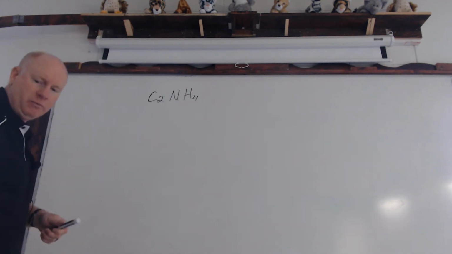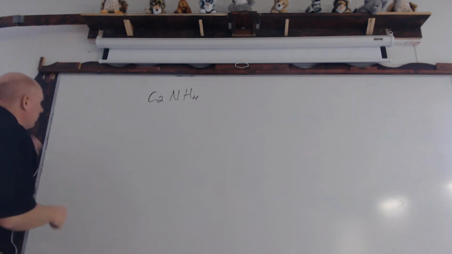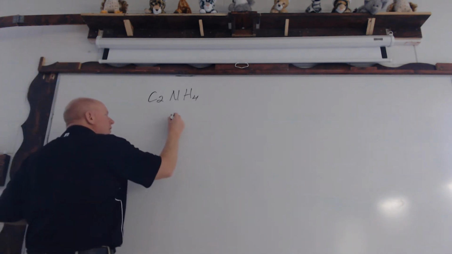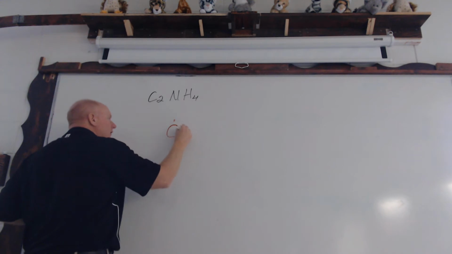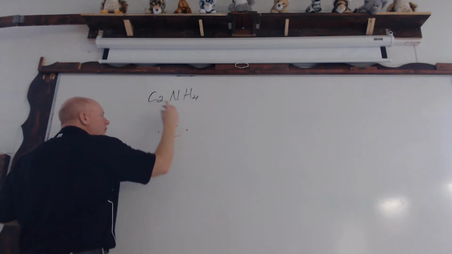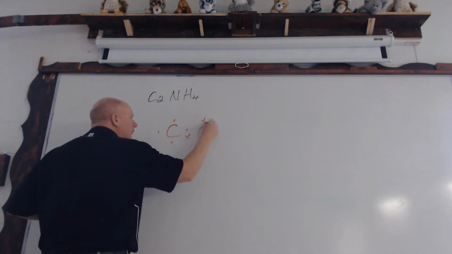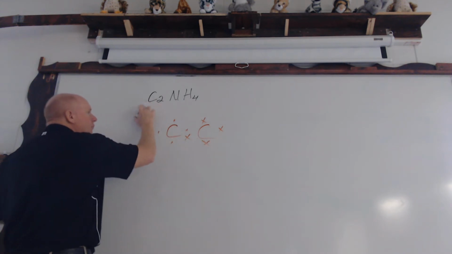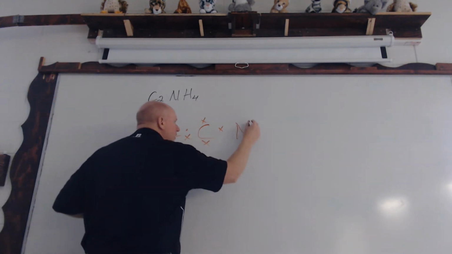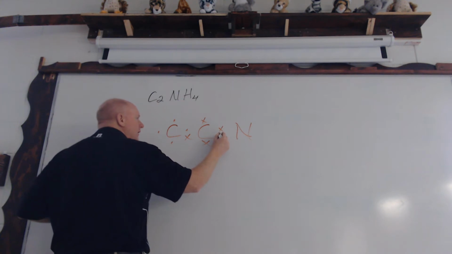So in this case, remember carbon being in column 4, okay? So you might want to try just a single bond, see if that works, between the two carbons. Okay, so we've accounted for both of those. We put a nitrogen on here. We'll just try a single bond.